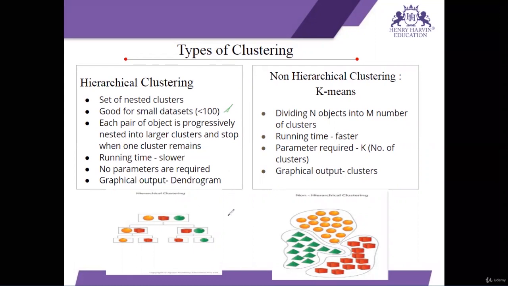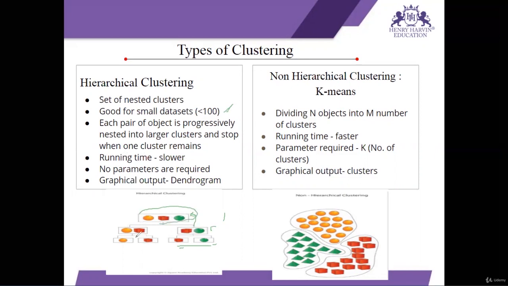So what does it mean? It will start from the single pair of clusters, like the bottom ones, then they will be nested together to join another cluster and going ahead making a large cluster wherein all the clusters will be joined with the bigger one. Then the running time is slower.